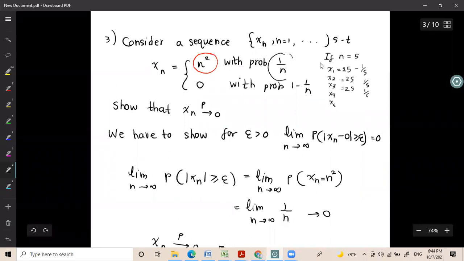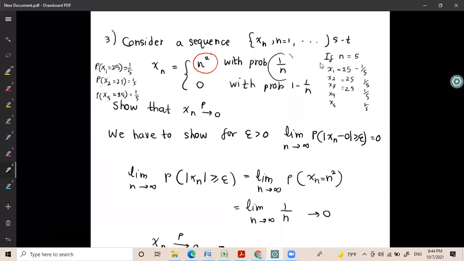So the probability that X1 is 25 is 1 over 5, the probability X2 equals 25 is 1 over 5, and likewise up to X5. Since the sample size is 5, when you add 1 over 5 five times, you get the total probability 1.